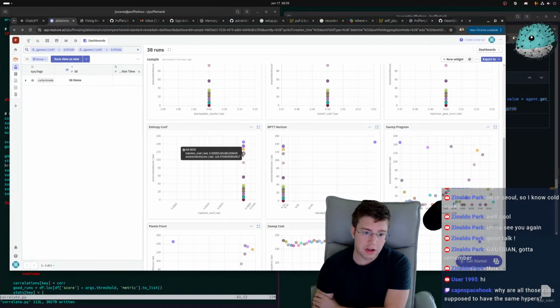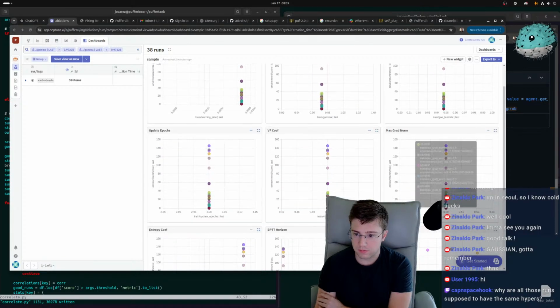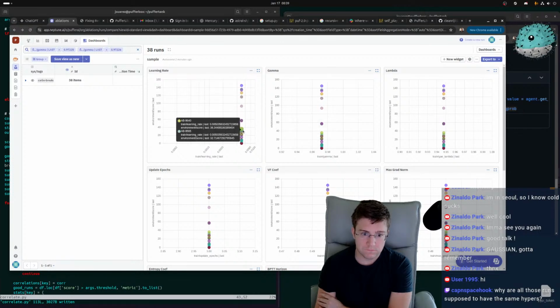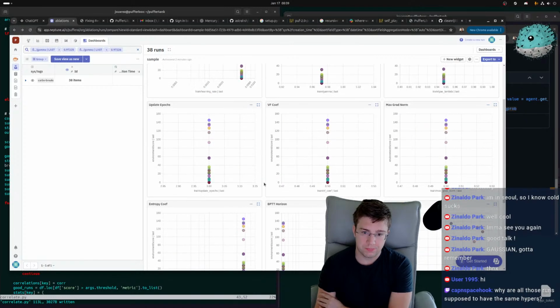Are these insane hyperparameters? 0.005. I don't think that these are insane hyperparameters either. 0.94, 0.97. Yeah, these are pretty reasonable. Oh, learning rate maybe is a little high, but these are pretty reasonable hyperparameters.